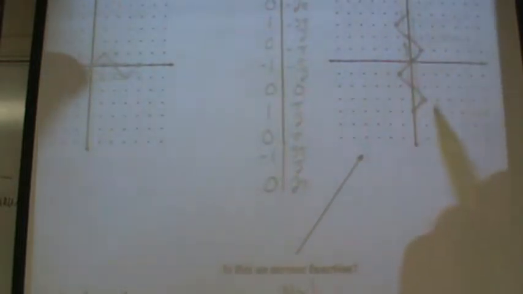And the way that we did that was we restricted the domain. So rather than this entire curve, we're only going to look at a section of it. So we're going to get rid of this top part, and we're going to get rid of this bottom part. And we're only going to look at this first little middle section.